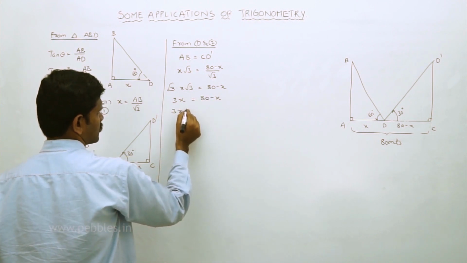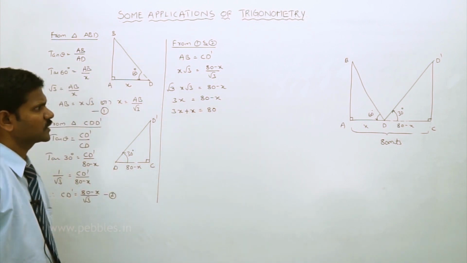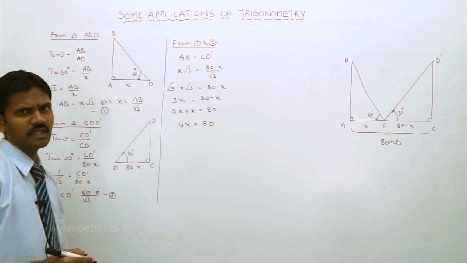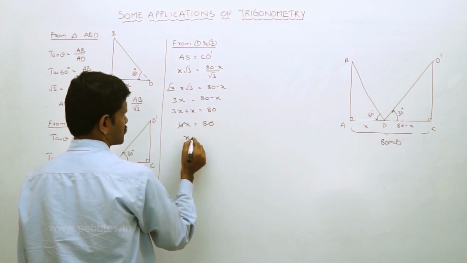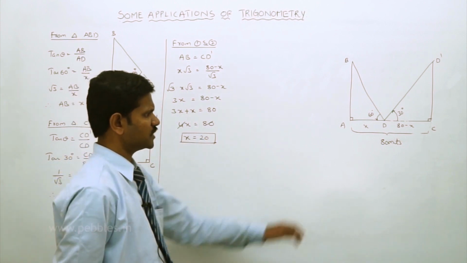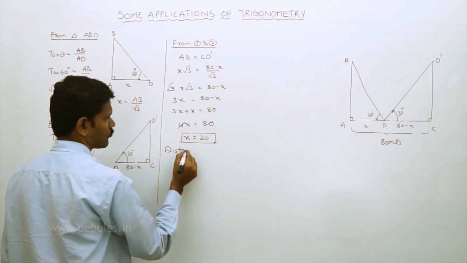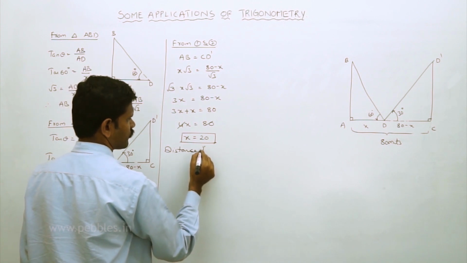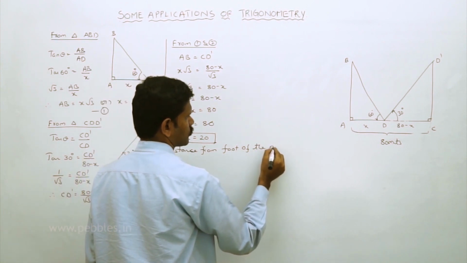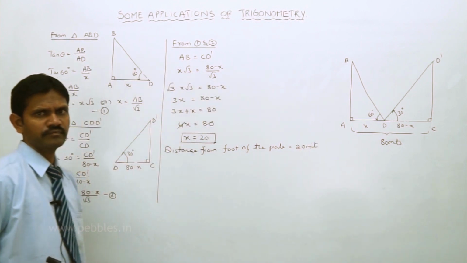Bring this side, 3x plus x is equal to 80. Next, 4x is equal to 80. That is, x is equal to 20. Now x is the point of observation, that is, the distance from the foot of the pole is equal to 20 meters.